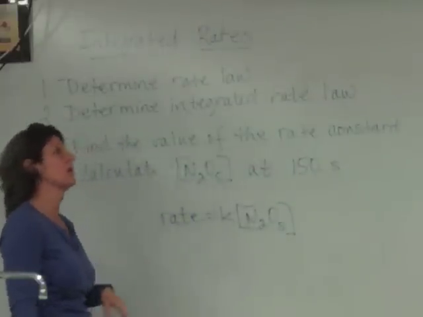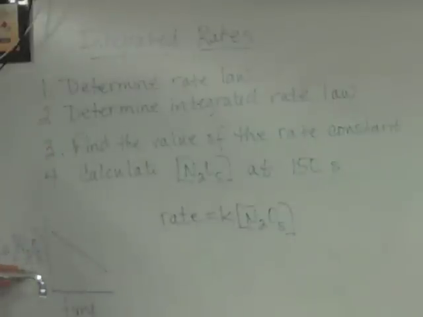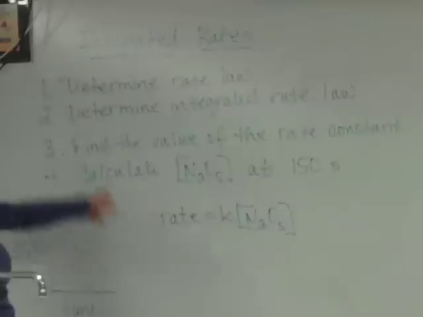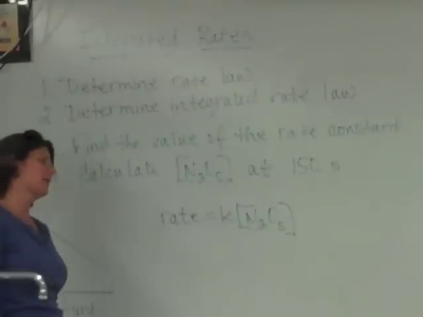Because the natural log of the concentration versus time is what gave us a straight line. This is where the linear relationship occurs. So our rate law is rate equals k times concentration of N2O5.